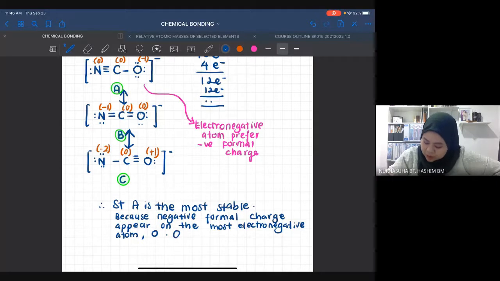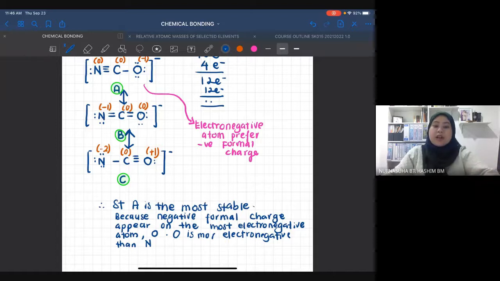So state that oxygen is more electronegative than nitrogen. O is more electronegative than nitrogen. So that's why A is the most stable.